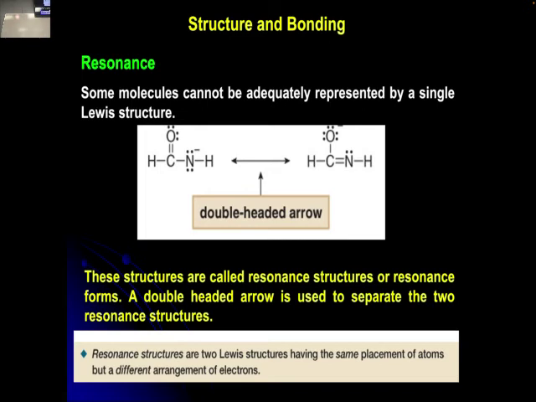All right. If you look at a Lewis structure, the electrons are assigned to a specific atom, right? But that's not always true. In fact, I can push these electrons here and make a carbon-nitrogen double bond, and I can break one of those bonds and put those electrons on oxygen and create what's called a resonant structure.